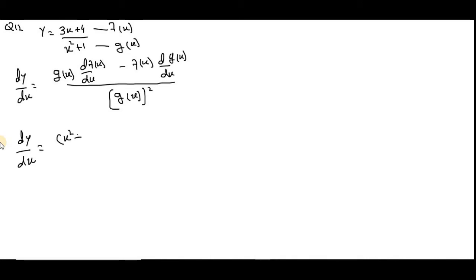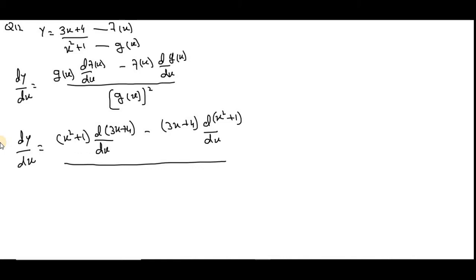dy by dx. Now the second function is x square plus 1. Now we take the derivative of the first function, that is 3x plus 4, minus 3x plus 4 as it is, and we take the derivative of the second function x square plus 1, and the whole divided by the second function square, x square plus 1 whole square.